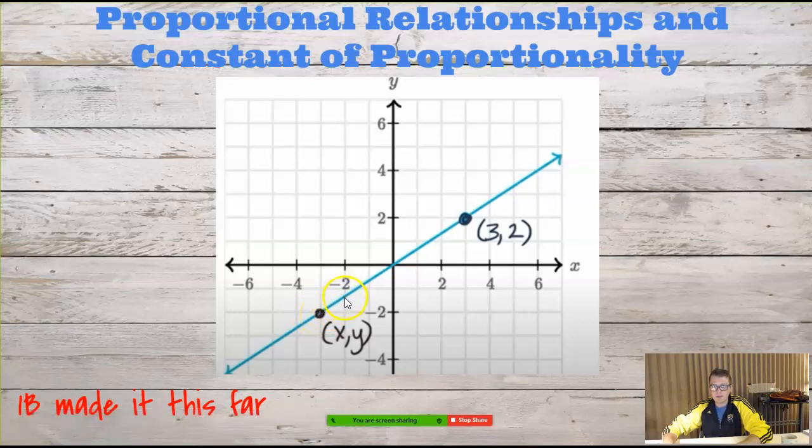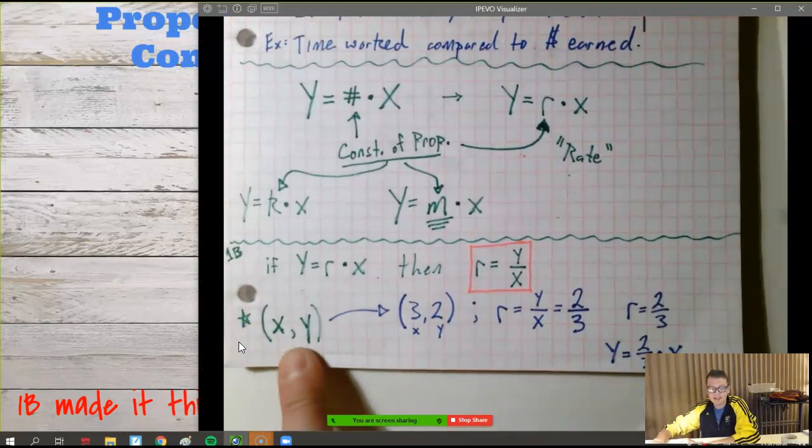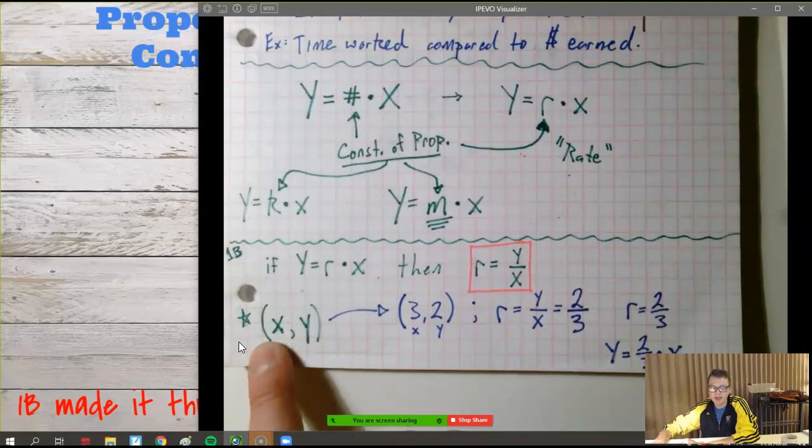Now, right here would not be as nice because that would be really hard to figure out what the numbers are at that point. But right here where an x and a y line meet each other, that's a lot nicer. So please, the first thing I want you to write down is a reminder that when we talk about points, they're in the order of x, comma, y. X comes first.